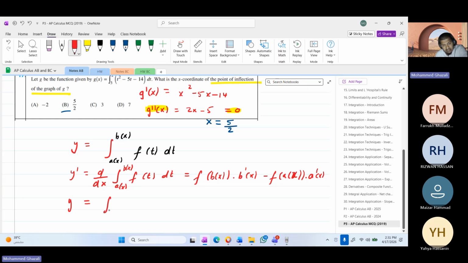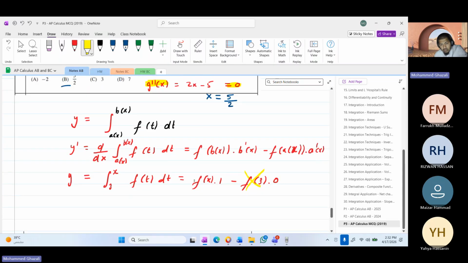You've got the integral from 3 to x of f of t dt. I'm not writing the function down. If you substitute x here, you'll get f of x. If I differentiate x, I will get 1. Subtract. If I substitute 3 here, you'll get f of 3. If I differentiate 3, you'll get 0. So that's why I leave out all this. I don't worry about this because I'm substituting a constant and then differentiating it. So you only get f of x left.